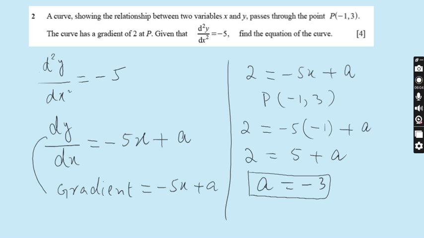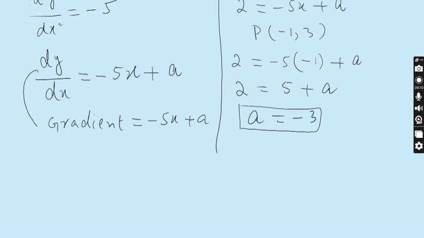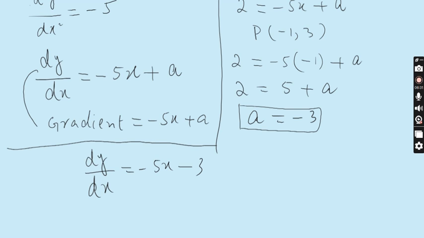So this is the first step to find the constant. It is not necessary to assign the constant as a, you can write b, c or whatever you want. So the value of the constant is -3. Put this value of -3 again in the gradient equation. dy/dx equals -5x - 3.